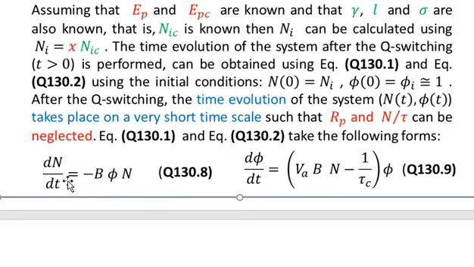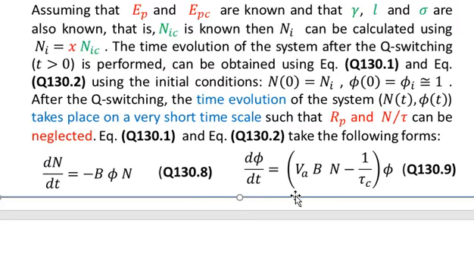This was written under these two conditions, that at the time of Q switching, that is at time t equal to 0, the population inversion was equal to Ni, the maximum value of inversion, and the number of photons at time t equal to 0 was nearly equal to 0, because initially we are assuming that only one photon was present. So we have these two equations.